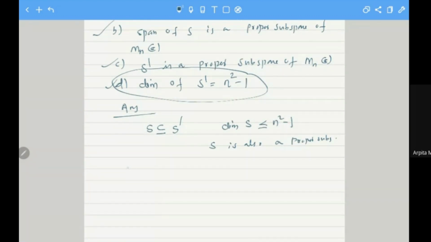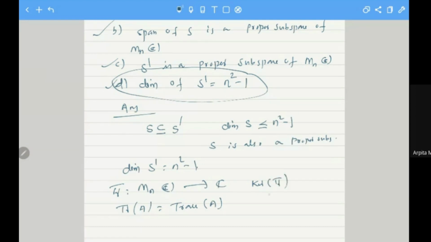Okay, how to see that the dimension of S prime is equal to n square minus 1? Just before we had defined a linear transformation from M_n(C) to C, defined by T of A equal to trace of A, right? So the kernel of this thing will be nothing but S prime, right?